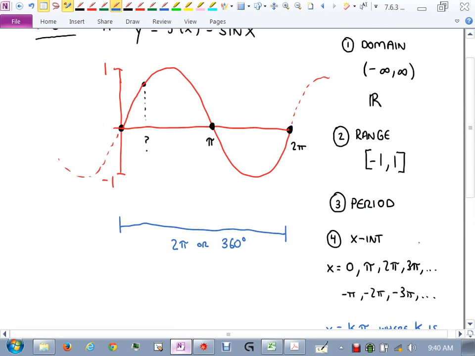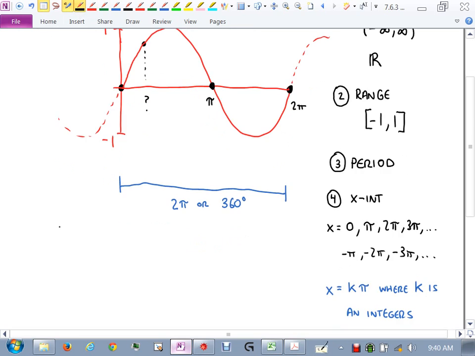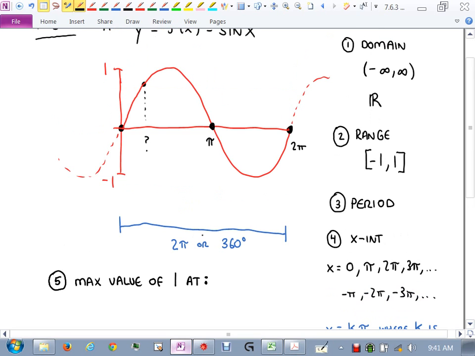The next thing we're going to look at is, let's see, this is 5. Try and squeeze 5 in right here. Okay, now this sine curve, we said that it goes up, then it comes down and up and down.